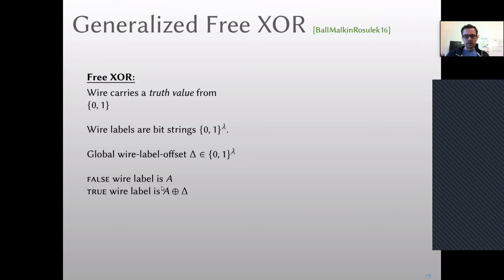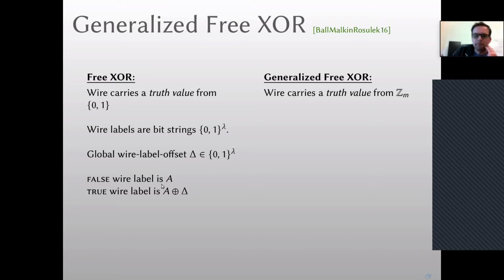So usually you write the true wire label as A XOR delta, the same delta for every wire in the circuit. So it's possible to generalize free-XOR in a very natural way. So imagine you had a circuit where the wires were not just bits, but they were values from integers mod m.